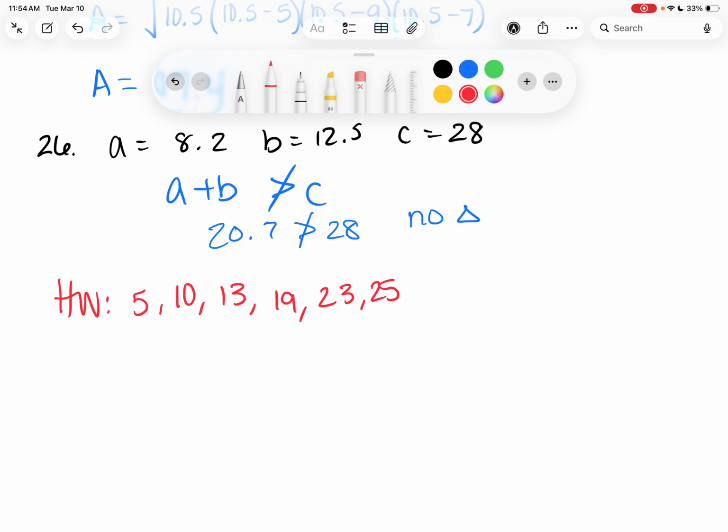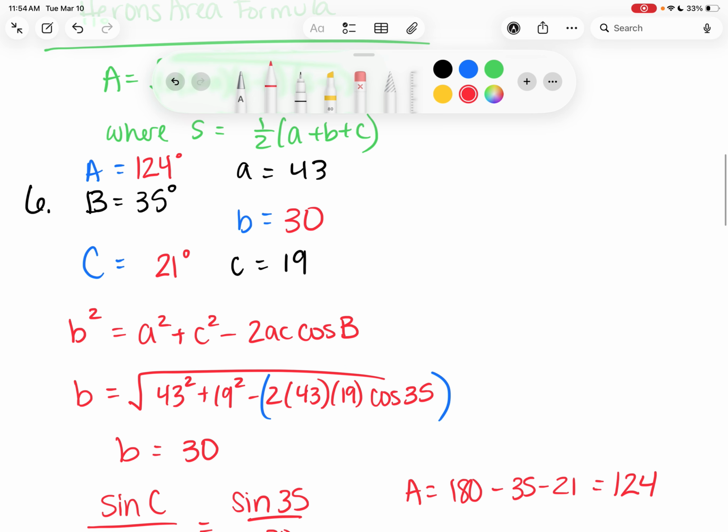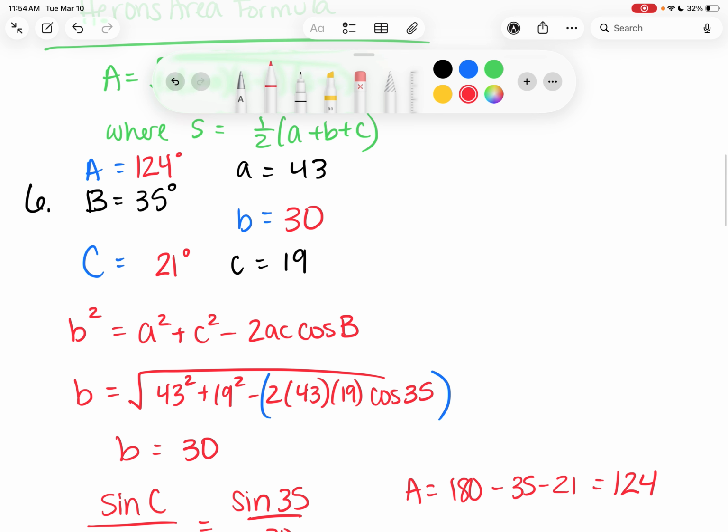One thing I also want to point out, we didn't have it happen. Let me go back up here so I can show you. If we had something like number 6, obviously we solved for the third side length. At that point, once you've solved for that third side length, you should still check that it actually makes a triangle.